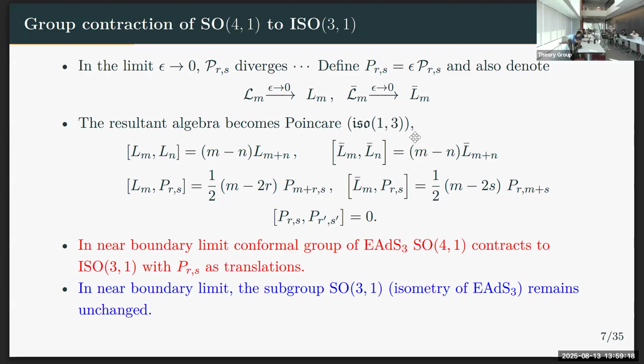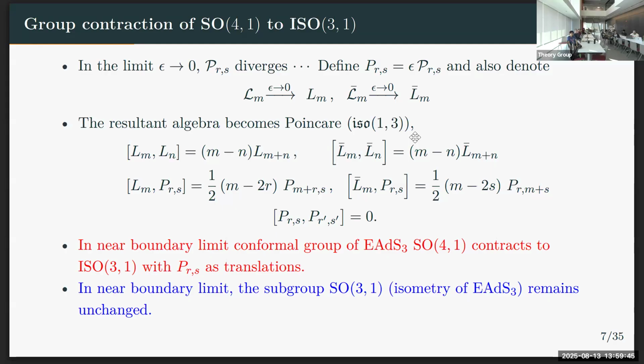And how do I know that this becomes the Poincaré algebra? There are a couple of reasons. First of all, look at this L_M and L bar M. I change the vector fields when I take the epsilon tends to 0 limit of curly L_M and curly L bar M, and I replace them with L_M and L bar M. So these again form the SO(1,3) algebra, which is written in the form of the SL(2,C) algebra.